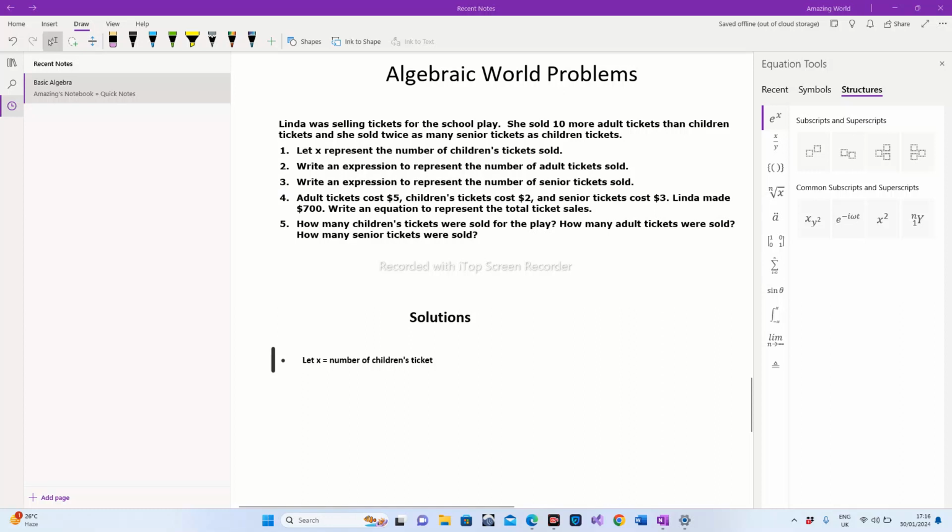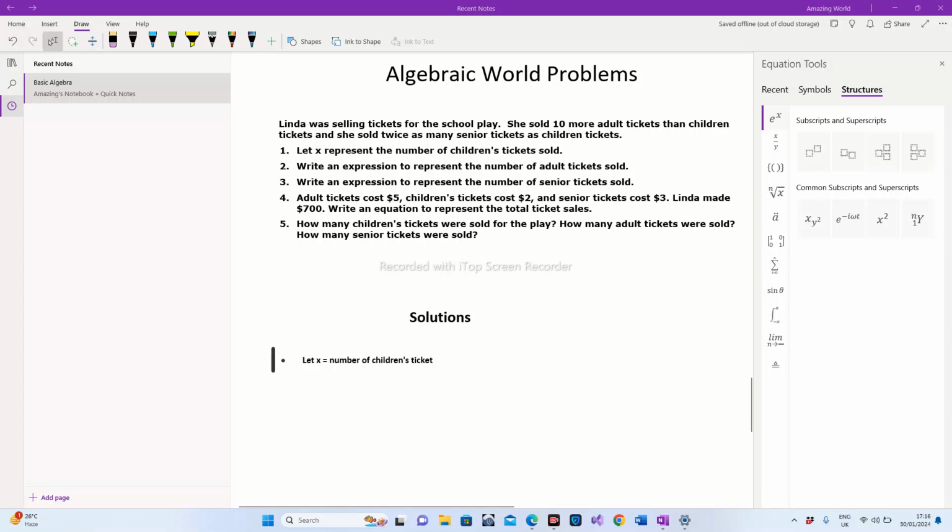We are told to write an expression to represent the number of senior tickets sold, and then we are told here in number 4 that an adult ticket costs $5, a children's ticket costs $2, a senior ticket costs $3, and Linda made a total of $700. So we are to write an equation to represent the total ticket sales.